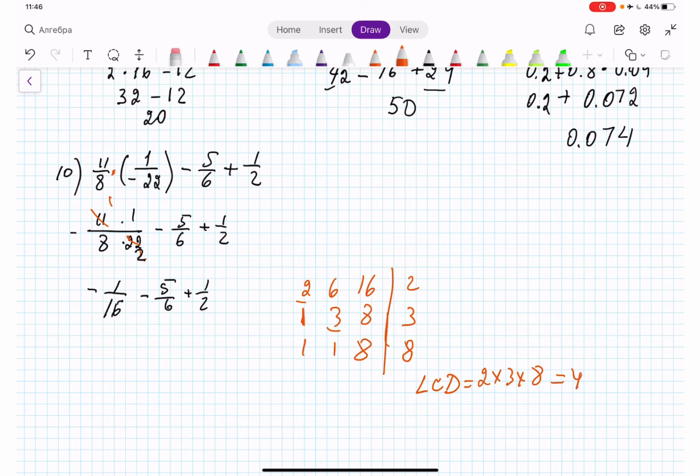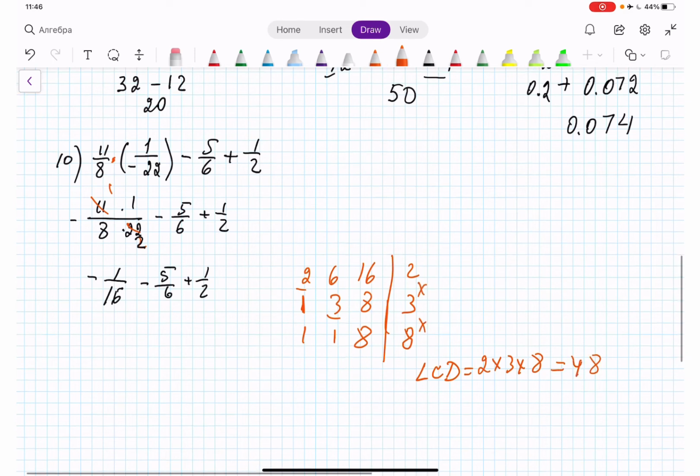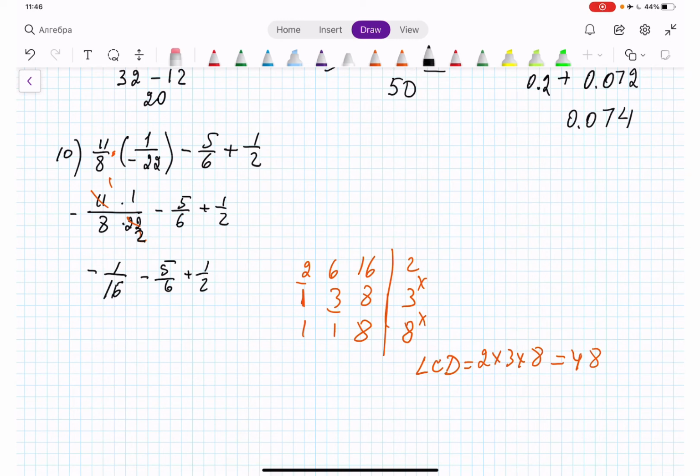It's going to be 48. Okay, so 48 is the common denominator, which means I'm multiplying 16 by 3, 6 by 8, and 2 by 24. Okay, let me clean this.